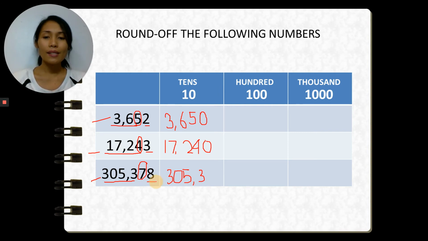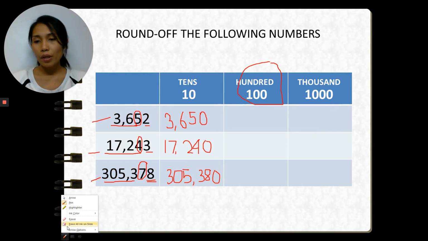Okay, look at the next digit. It's number 8. So number 8 belongs after 5. So after 5, 5, 6, 7, 8, we should round up the number. That means we will add 1. So 7 plus 1, that becomes 8. Okay, and then the next digit 8 here will become 0.